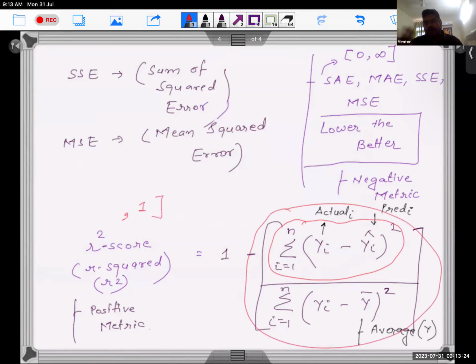If you want to get sum of squared errors, there is no function as such, but multiply this with the number of samples. The number of samples is y-test dot shape of 0, which will be the number of samples in the test set. So this is your sum of squared errors. You can use mean absolute, sum of absolute, whatever you want. These are the metrics that are available that you can check out.